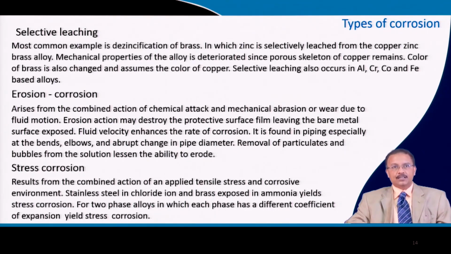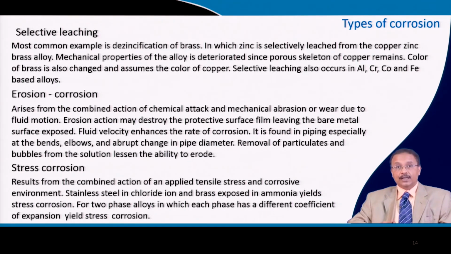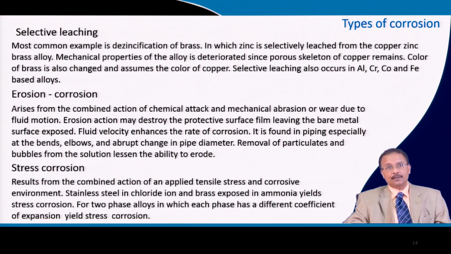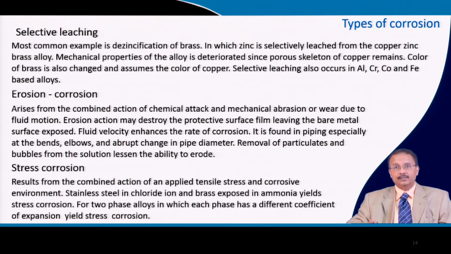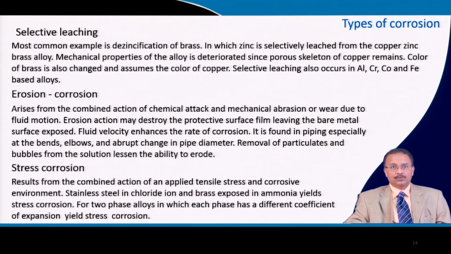Selective leaching is very common for alloy materials. Brass is one example; you know that it is a copper and zinc alloy. Selectively, zinc is a highly oxidizing material, so it gets leached out. The mechanical property is grossly deteriorated because zinc is out from the structure, and the resultant structure of copper is porous in nature.